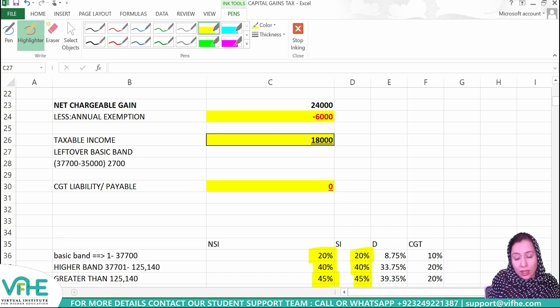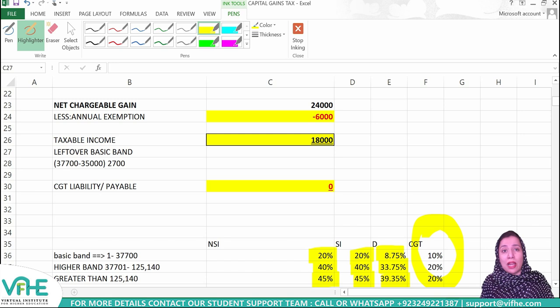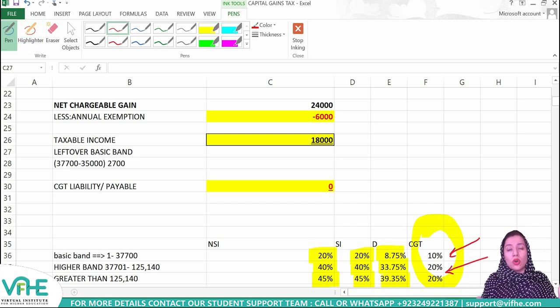So is the case with savings income, and later we apply the rates on dividend income, and then the CGT rates will have to be applied. If the gain falls in the basic rate band, a 10% rate applies, while on the excess gains, the rate of 20% shall have to be applied.